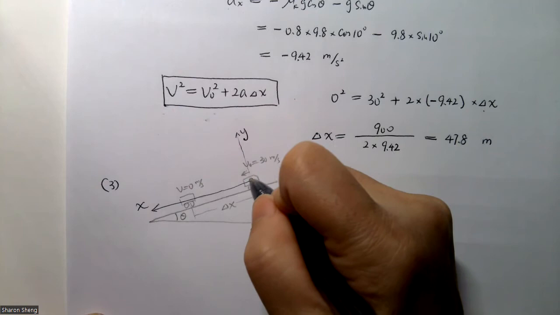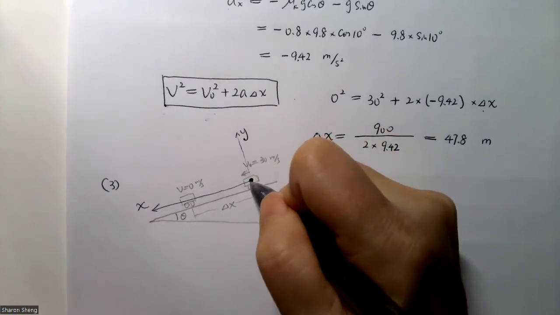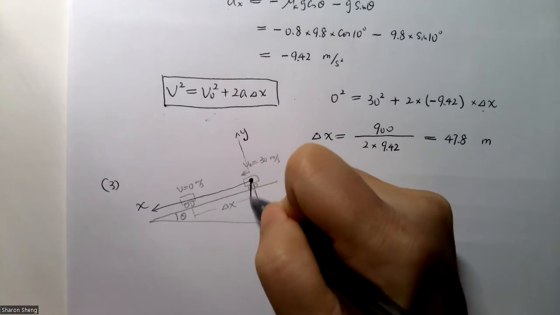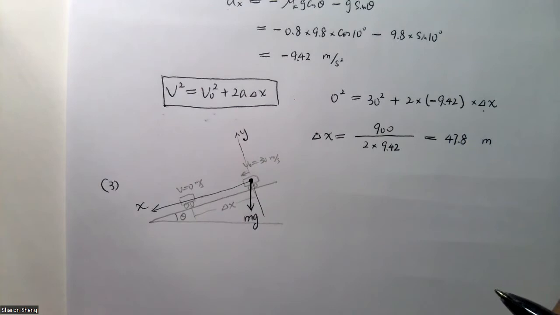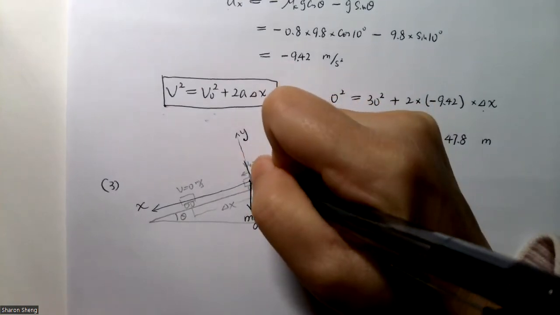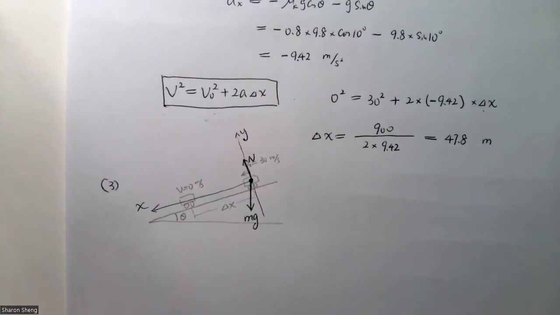Then draw the free body diagram. So the car is right here. How many forces are applied on it? Gravitational force, mg. Normal force, perpendicular to the surface, along the y direction. What is the direction of the friction force?